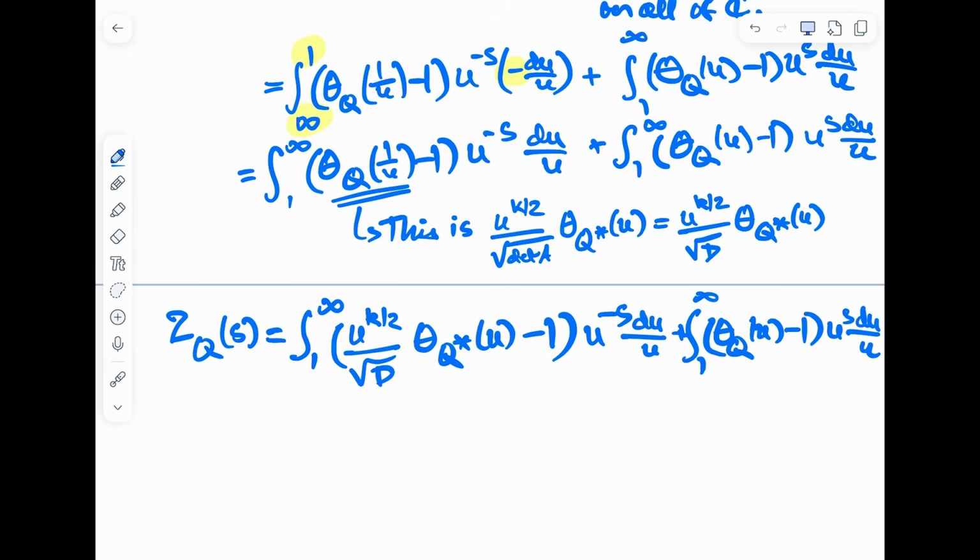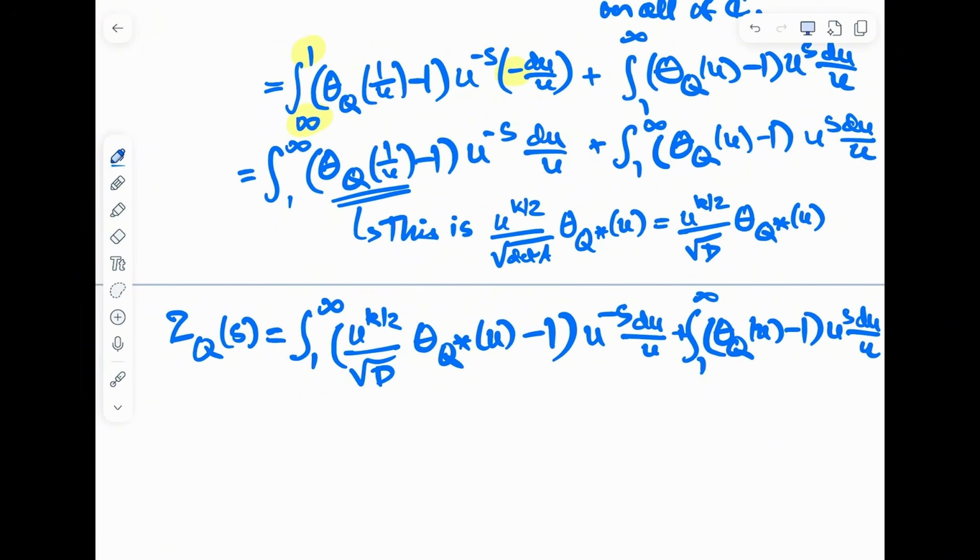Remember we had this kind of business yesterday with the Riemann zeta function. We had a factor of square root of u. When k is 1, that's saying u to the 1/2 times theta of u. For a one-dimensional or sum of squares quadratic form, q and q star would be the same. D, the determinant, would be 1. For the sum of squares quadratic form, the matrix A is the identity.